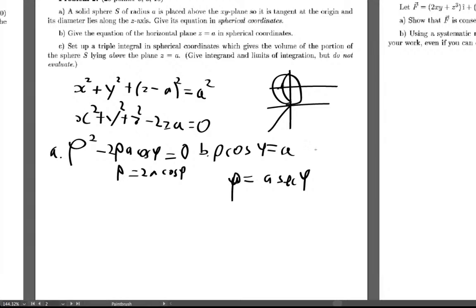I'm going to put the same rhos together, so this guy and this guy, I would make into an equation, which gives 2 cosine psi equals secant psi. And when you do the entire evaluation, you get cosine squared psi equals half. Cosine squared psi is half.